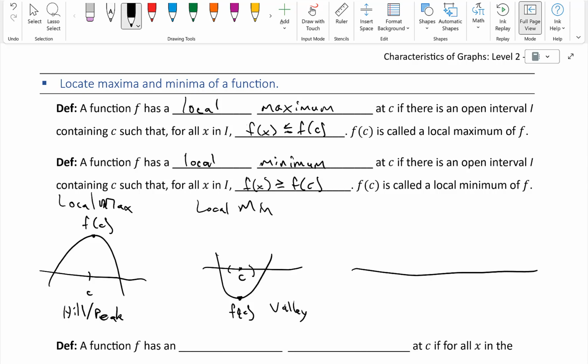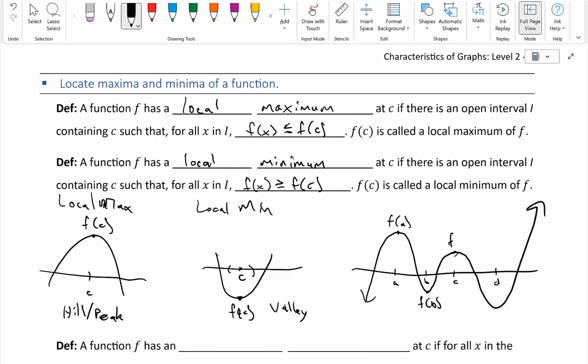And if we do have a nice polynomial function, which we'll look more at later, with some terms in it, we can label a, b, c, and d, and their corresponding function values, f of a, f of b, f of c, and f of d.